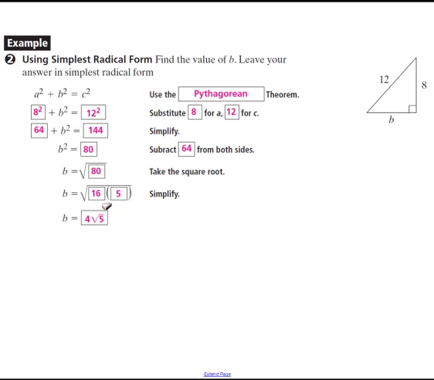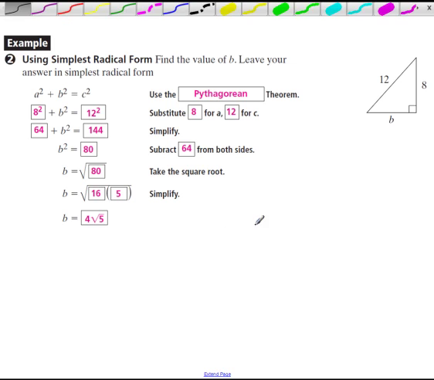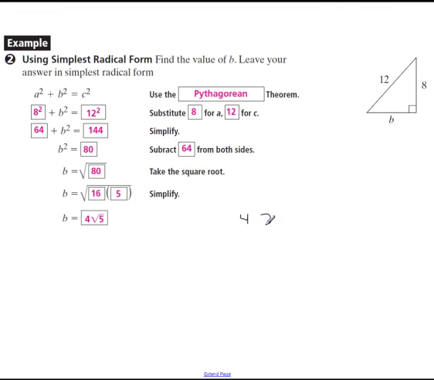Now, if you didn't recognize that 16 and 5 are factors of 80, you could have done 4, right? It's easier to see that 80 is divisible by 4, and 4 is a perfect square. So once we factor 4 out, we would get 4 and 20.